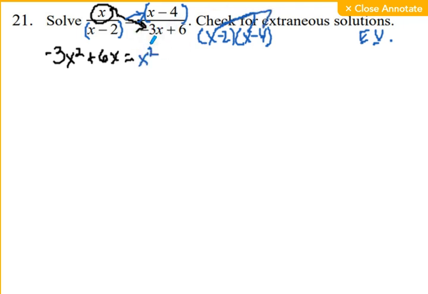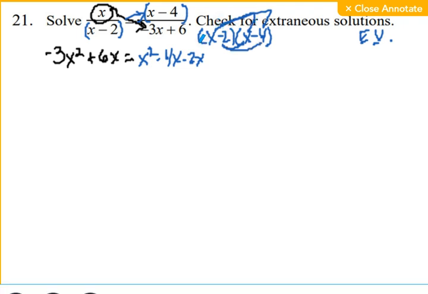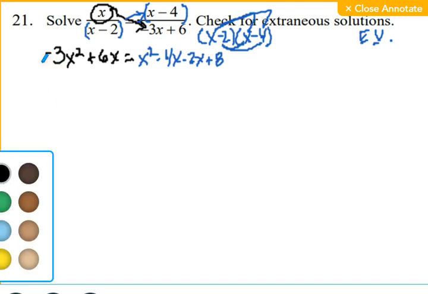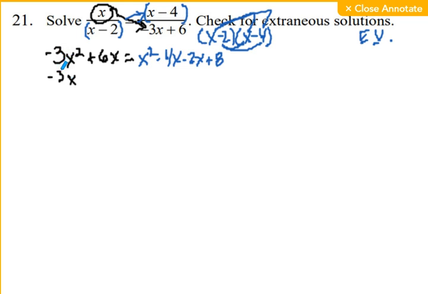X times negative 4, that's negative 4x. Negative 2 times x, that's negative 2x. And negative 2 times negative 4, that's positive 8. If we rewrite that, this becomes negative 3x to the second plus 6x equals x squared minus 6x plus 8.